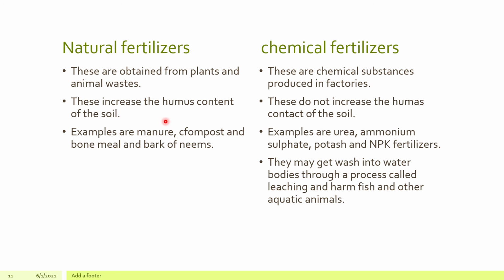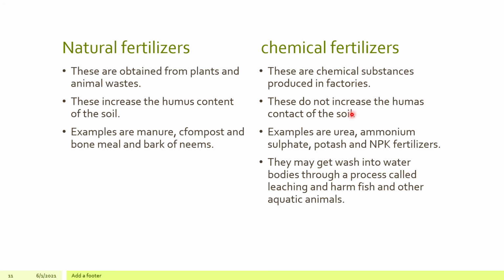Natural fertilizers, these increase the humus content of the soil. ये जो होते हैं soil के अंदर, अपन को पता है कि dead and decaying of plants and animals increases the humus. So obviously this is the point. If natural fertilizers are made up of plants and animals, it will always increase the humus content of the soil.